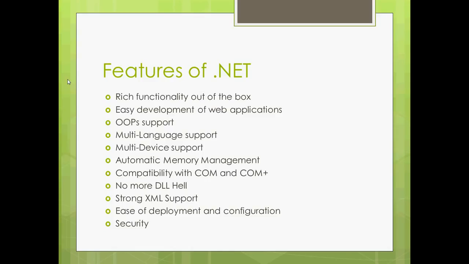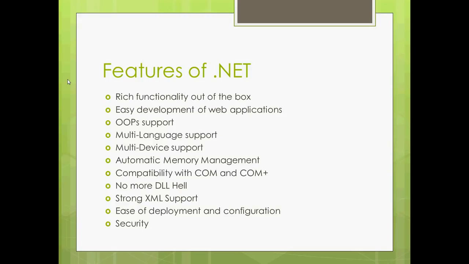Okay, coming to the features that .NET provides, I will talk about each one of them individually and slowly so you can better understand them. First is rich functionality out of the box. The .NET framework, like I said, provides a rich set of functionalities, and it contains hundreds of classes that provide a variety of functionality which is ready to use in your application.